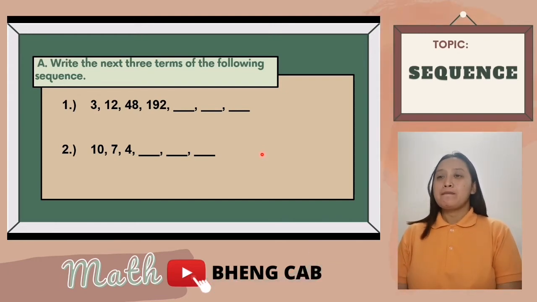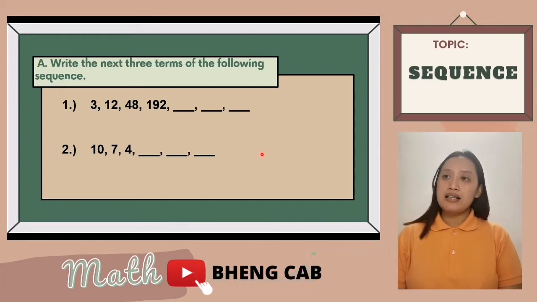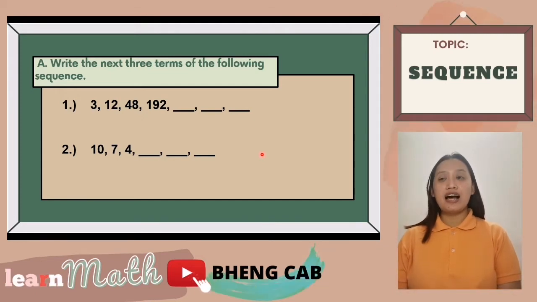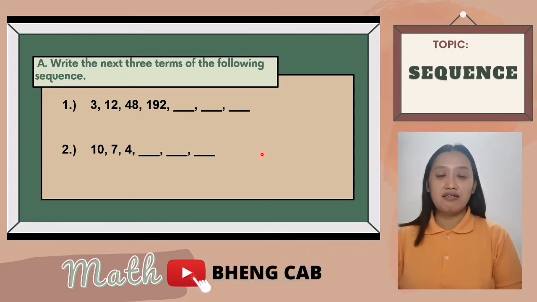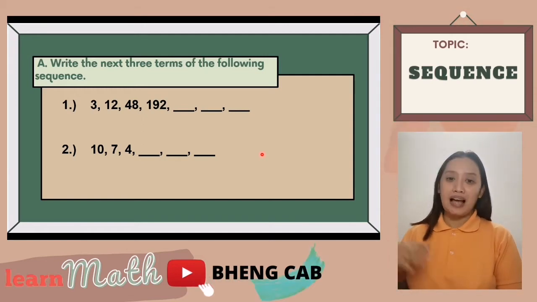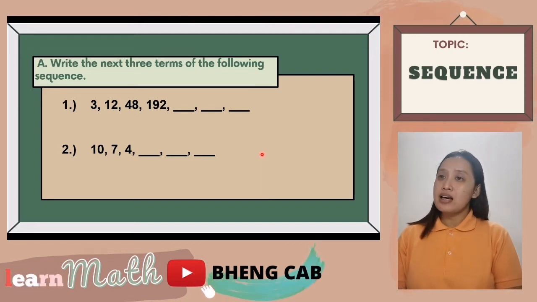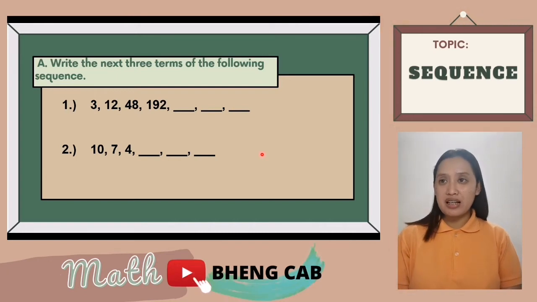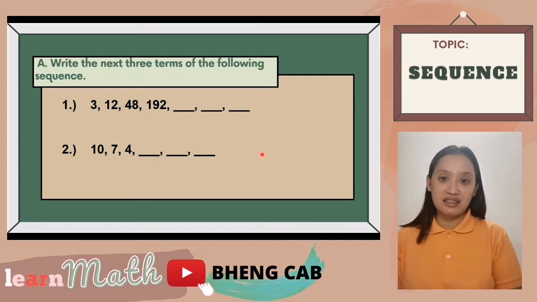Example number 1. Meron tayong 3, 12, 48, 192. As we can see, ang behavior ng ating sequence ay increasing ang values na meron tayo. Increasing yung value ng terms na meron tayo. So, pataas. That means to say, the possible thing that we can have here is pwedeng ang first term na 3, in order for us to have the second term 12, pwedeng nag-add tayo.